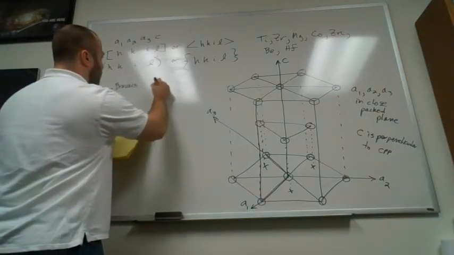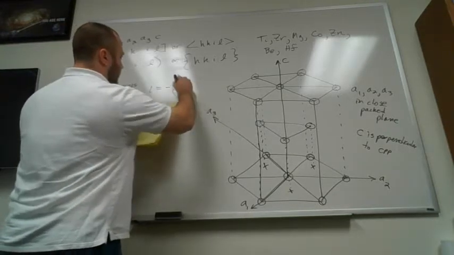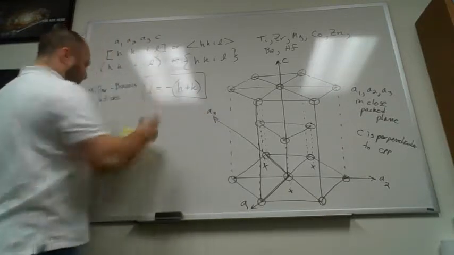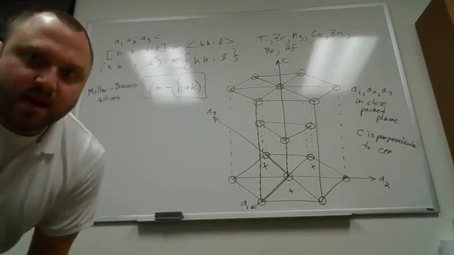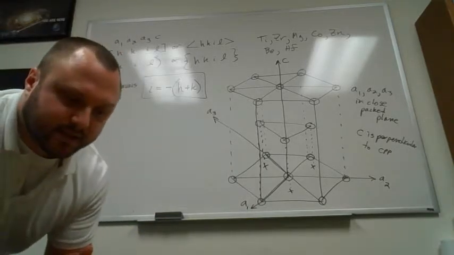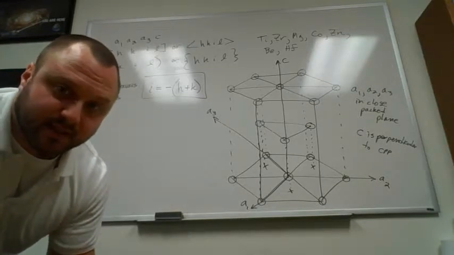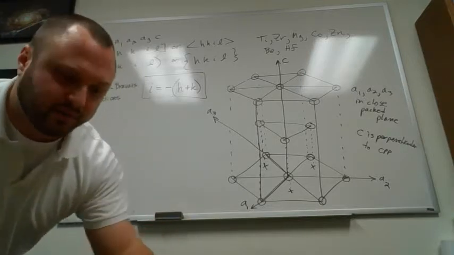And this gives us the rule that I has to be equal to negative the summation of H plus K. Okay? This is a little bit more complicated, but the reason we do this is it lets us describe crystallographically equivalent sets of indices in a way that looks the same. So it gives us some sort of intuitive feel for it.